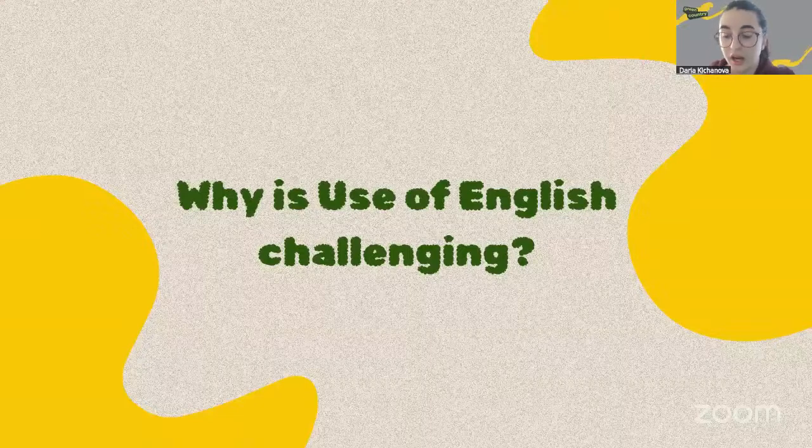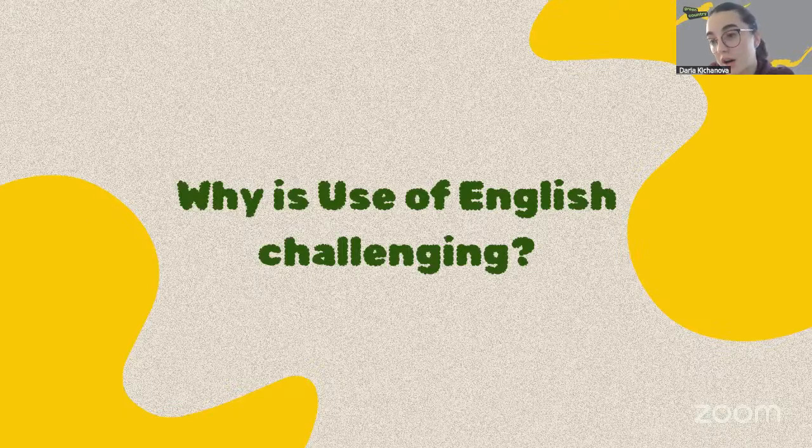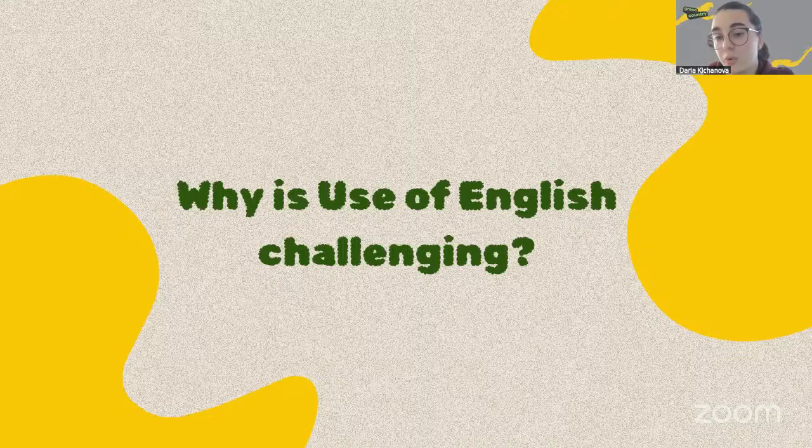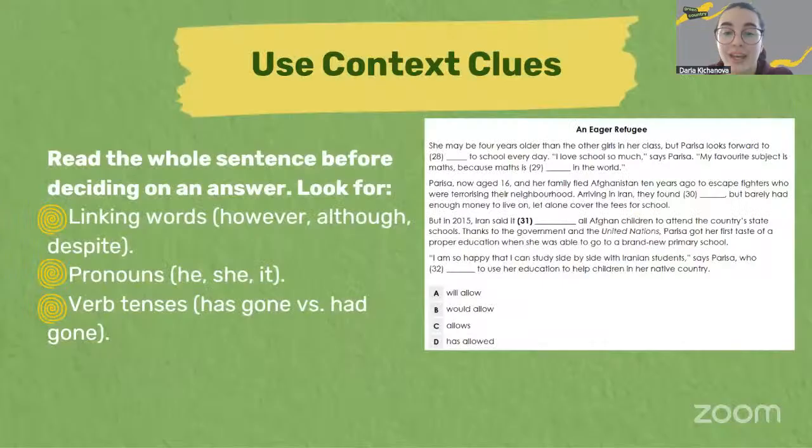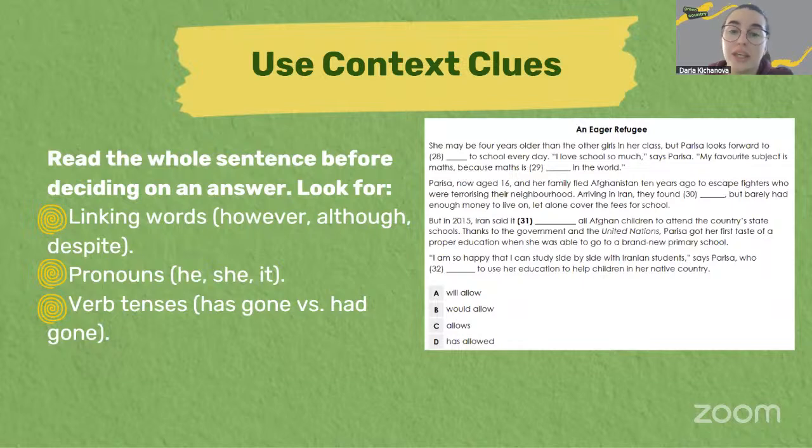So, let's talk more about tips for Use of English and how we can make these tasks easier for us. The first tip that I have for you is to use context clues. When we are talking about Use of English, we don't really need the details of the text as we had in the reading part.